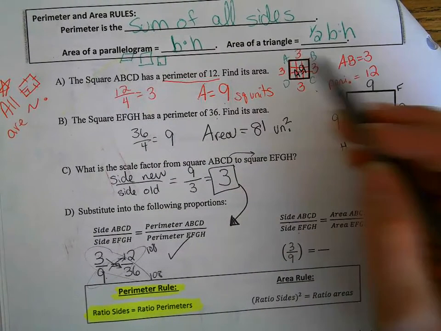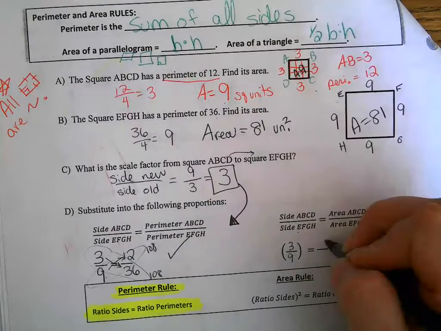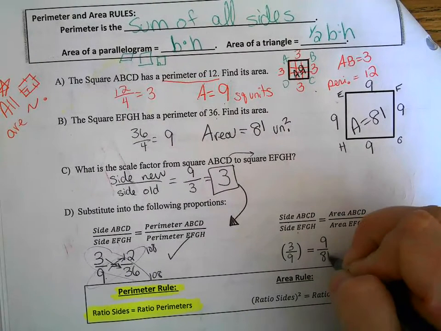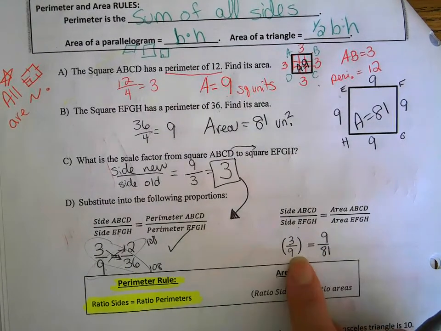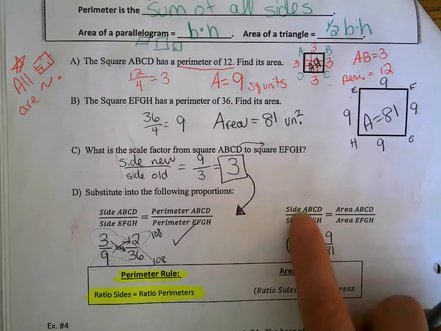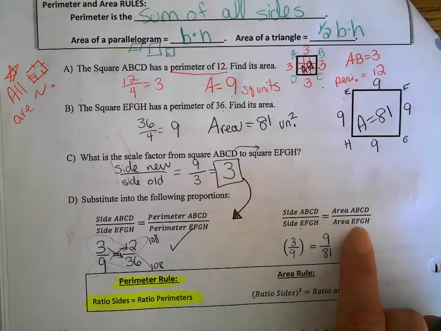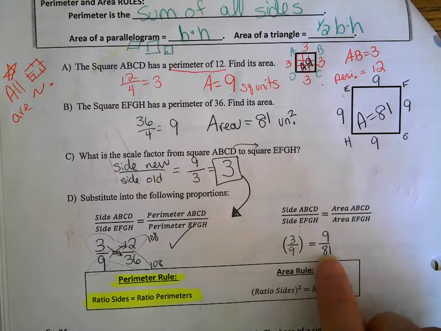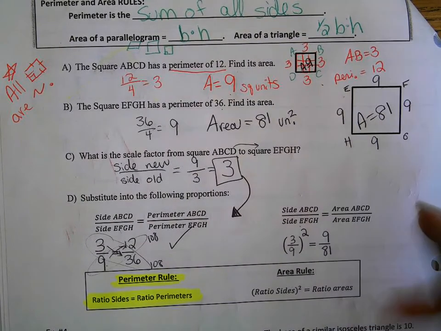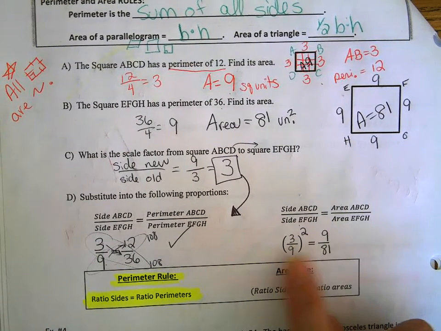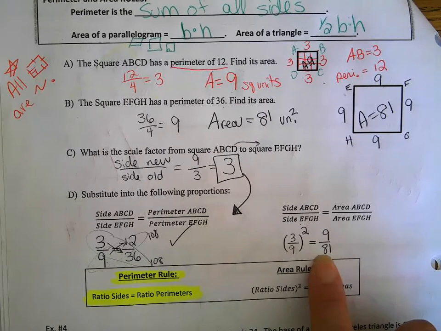How does 3/9, 3 compared to 9, as the area 9 compares to 81? So if I write it like this, a side over a side, the area over the area, fill in those 4 blanks. Okay. How does 3/9 become 9 over 81? It gets squared. 3 squared gives you 9. 9 squared gets you 81.